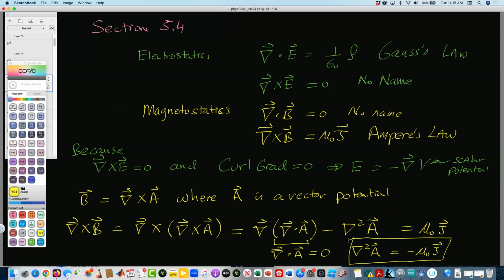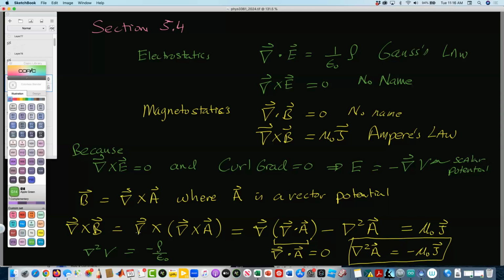Remember that we had Poisson's equation in electrostatics: del squared V is equal to negative rho over epsilon naught. So it looks a lot like that, except it's a vector. We have del squared acting on a vector, which is weird, but I'll explain what that means. It means we can immediately write down an integral form for the solution, just the way we did for V, except now we have vector stuff.